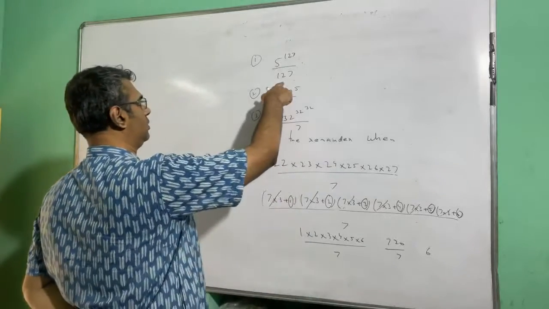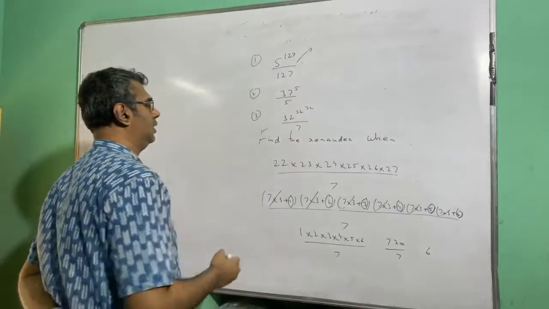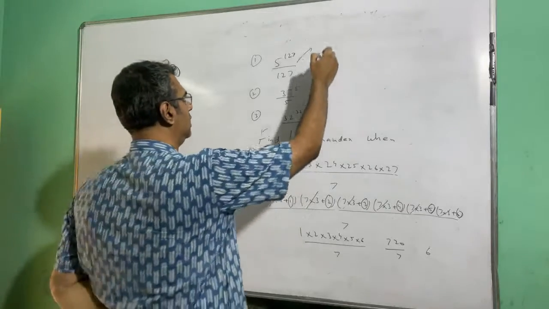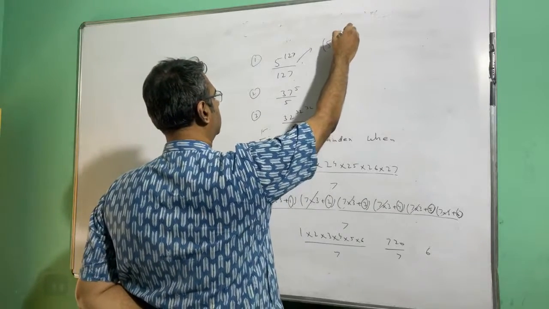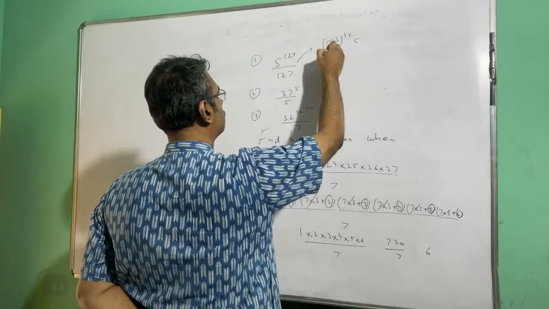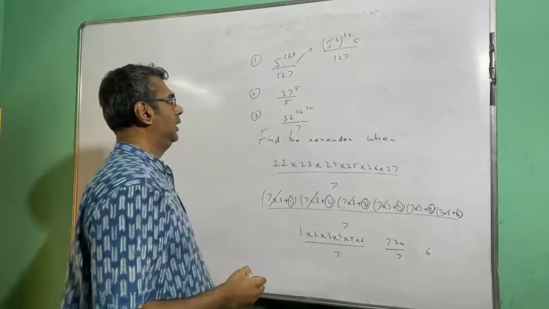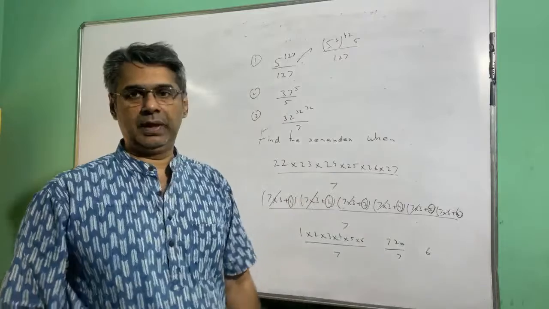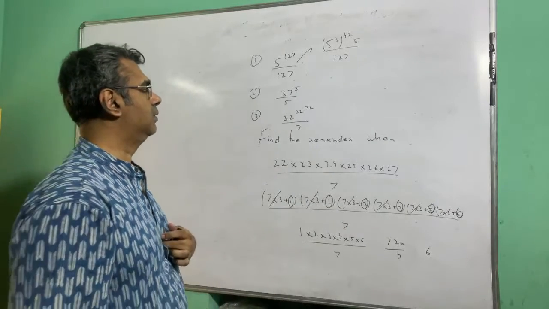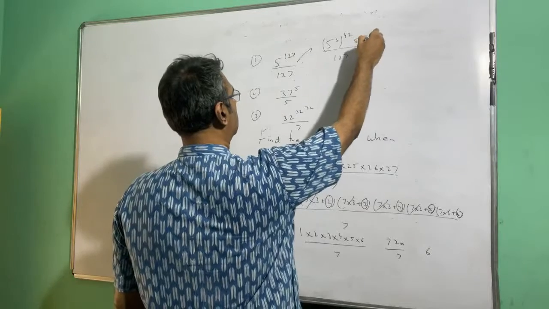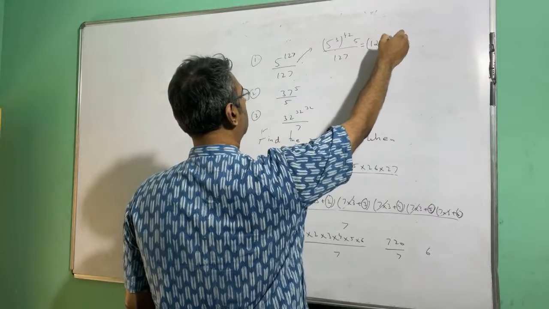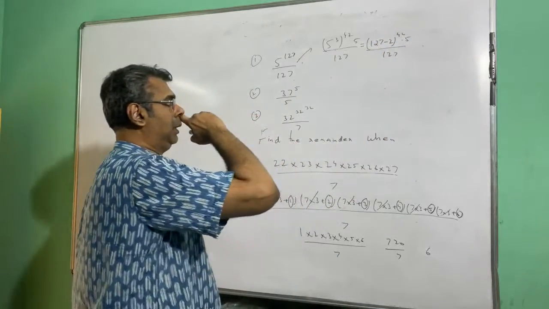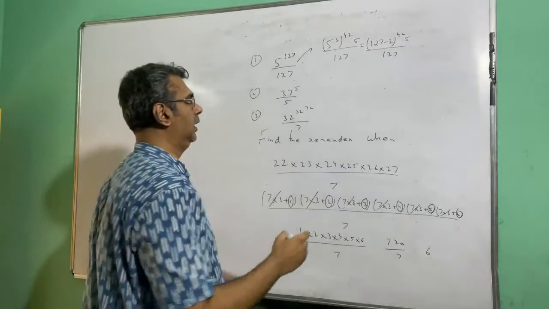So this first question, how to do it? You have to think of some power of 5 which is very close to 127. That will be 5 to the power 3. So 5 to the power 127 is 5 cubed to the power 42 into 5. 5 cube you write as 127 minus 2, so it will be 127 minus 2 to the power 42 into 5.